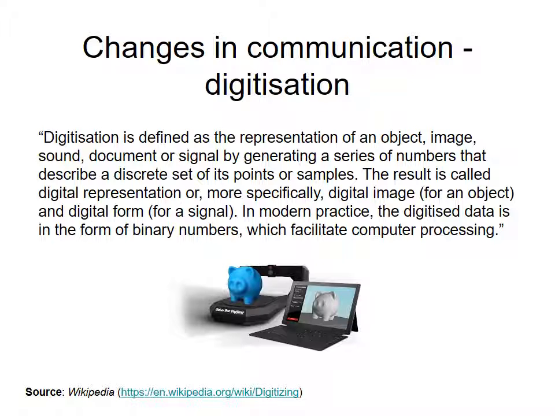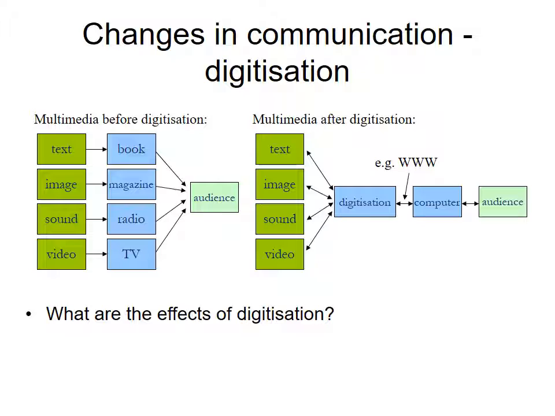Now, this is the overall definition. This is how digitization has had an impact in the way we communicate, in the way we use information. In the past, different items were represented through different media.